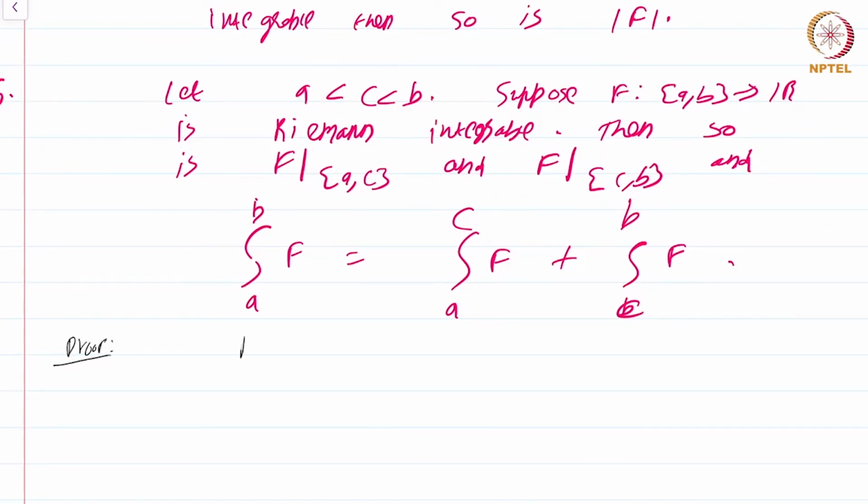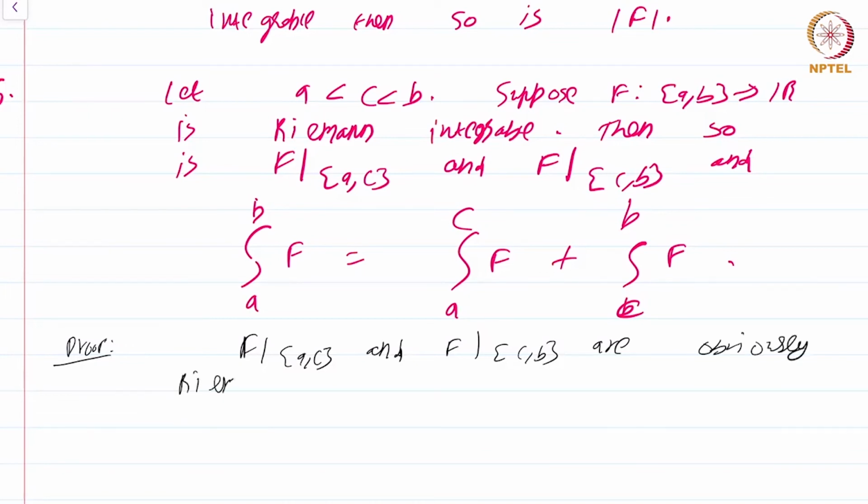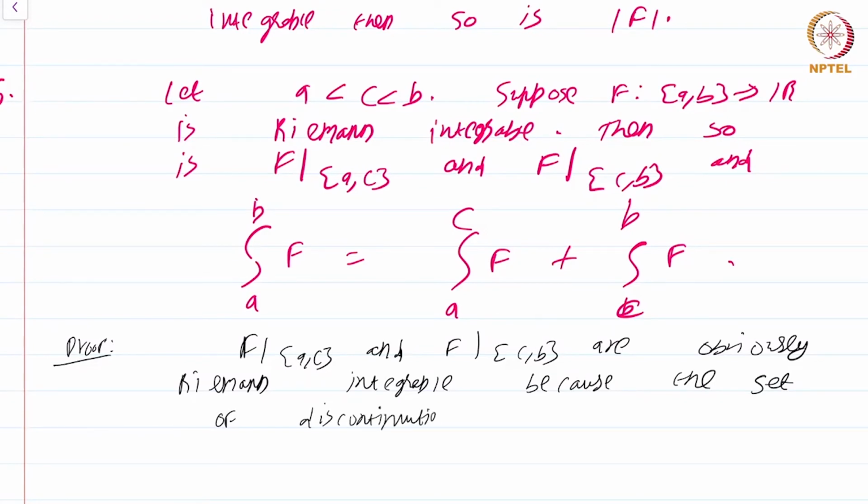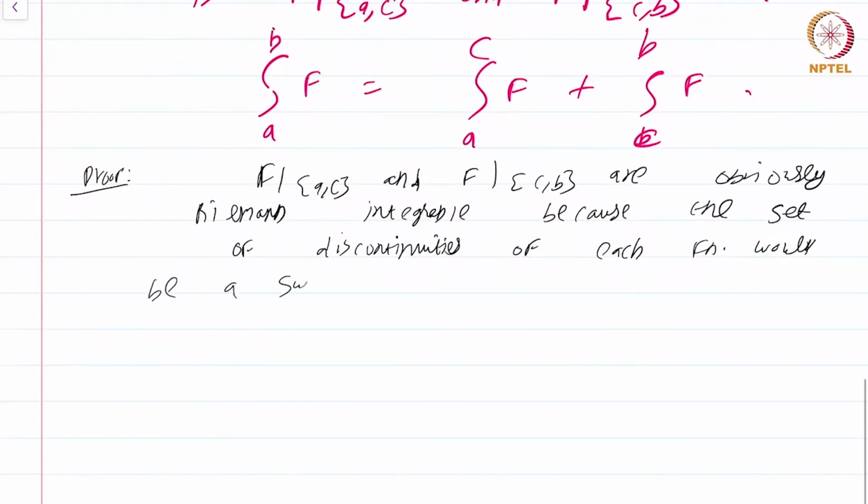Okay, f restricted to [a,c] and f restricted to [c,b] are obviously Riemann integrable, because the set of discontinuities of each function would be a subset of the set of discontinuities of f.